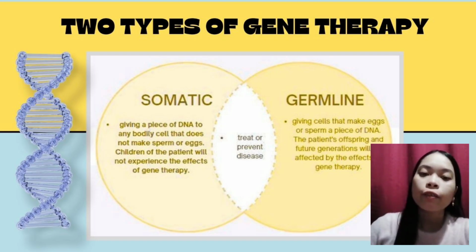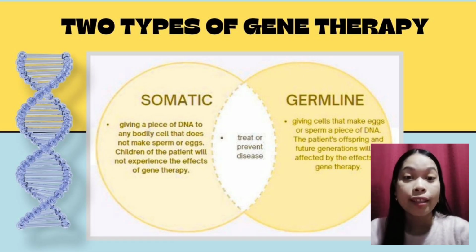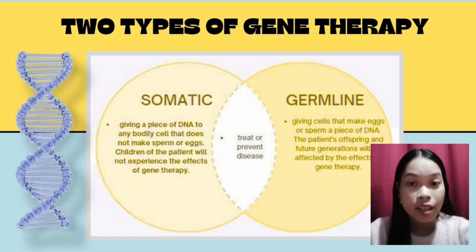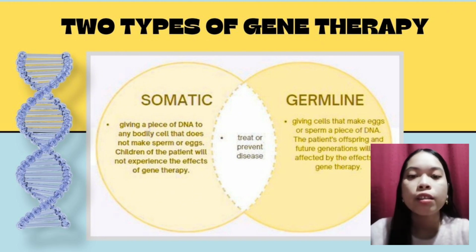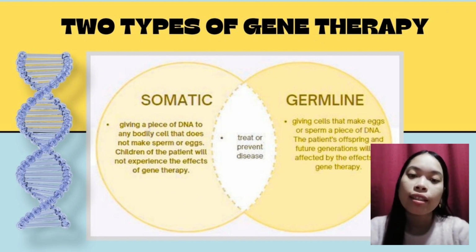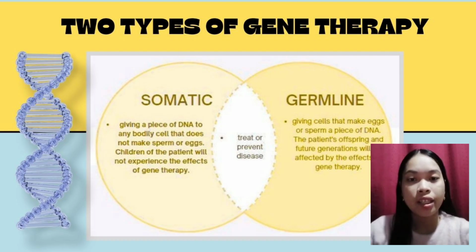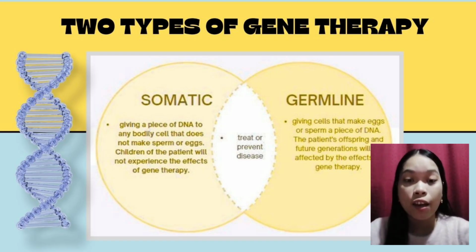The target for it is the somatic cells, which means giving a piece of DNA to any regular body cell, like cells in the blood, muscles, or liver, that does not make sperm or eggs. The result is that the treatment is limited to the patient's own body. The change is not passed down, so the children of the patient will not experience the effects of gene therapy. So this is the safe and approved way to use gene therapy today.